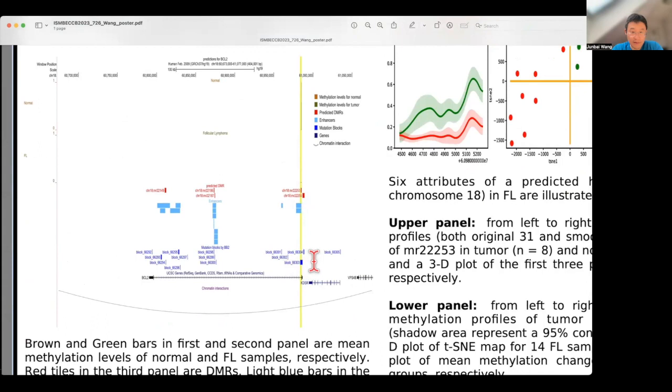Dark blue color is the mutation blocks predicted from genome data. Here the black line is the topologically associated domain. So based on our prediction, BCL2 ranked in the top 10 list, and they are associated. This mutation block overlaps with differentially methylated regions near the BCL2 gene in their non-coding region.